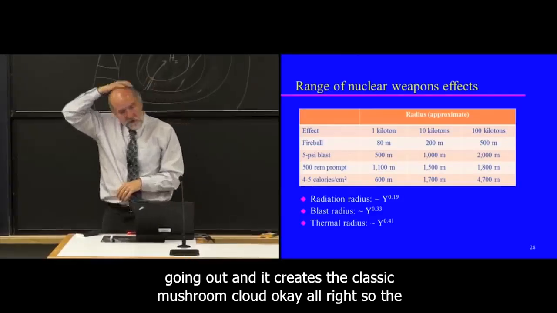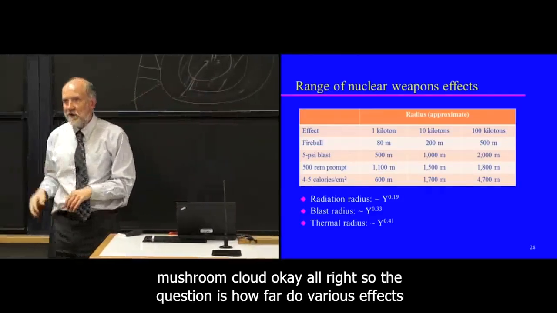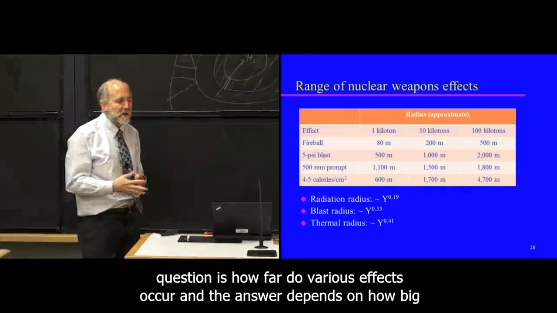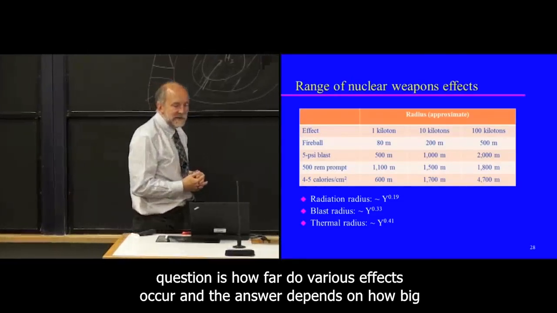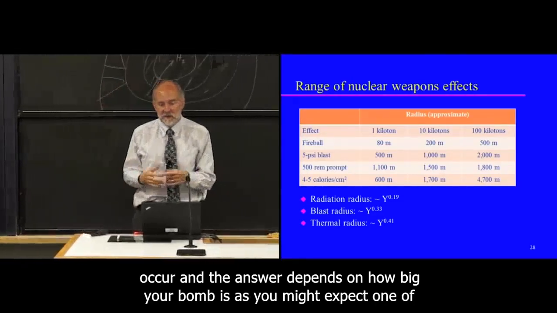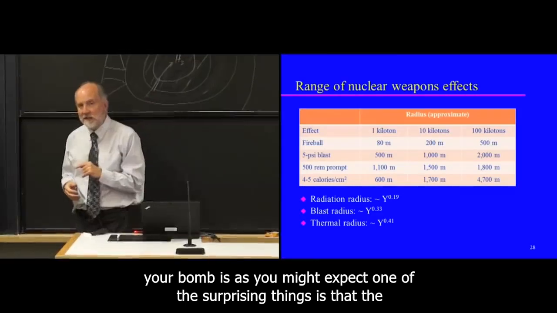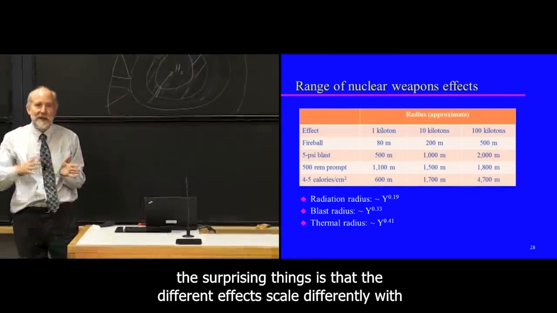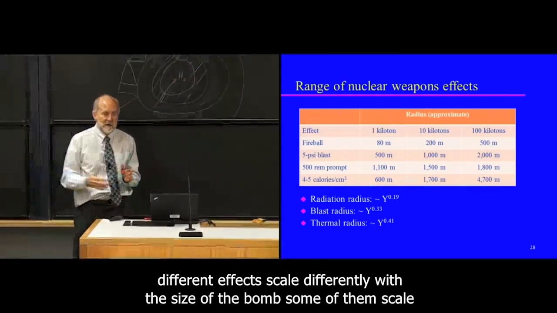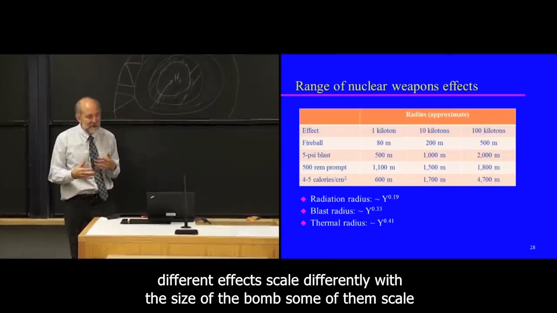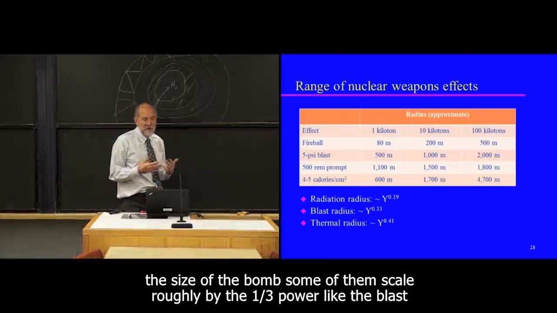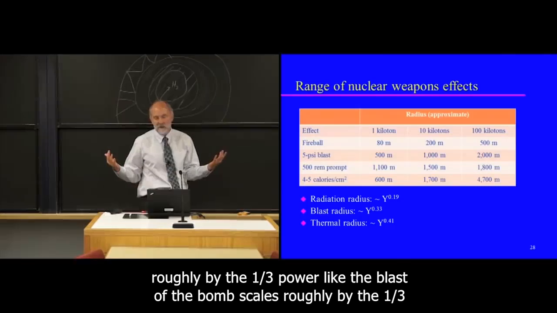All right, so the question is, how far do various effects occur? And the answer depends on how big your bomb is, as you might expect. One of the surprising things is that the different effects scale differently with the size of the bomb. Some of them scale roughly by the 1/3 power, like the blast of the bomb.